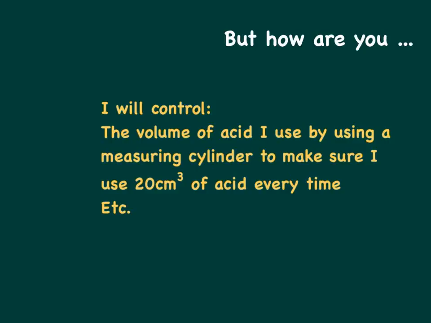Alright, if you really want to show what's going on in terms of the control, I would use something like this. I will control, and if I'm doing 3, I would name that as number 1, the volume of acid. You're telling me what you are controlling. I used a measuring cylinder, so you're telling me how.